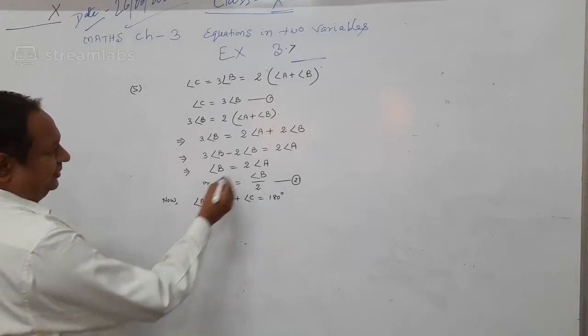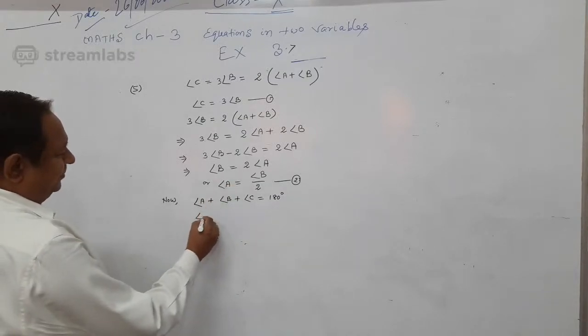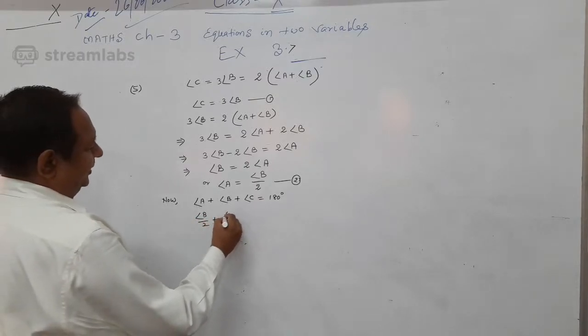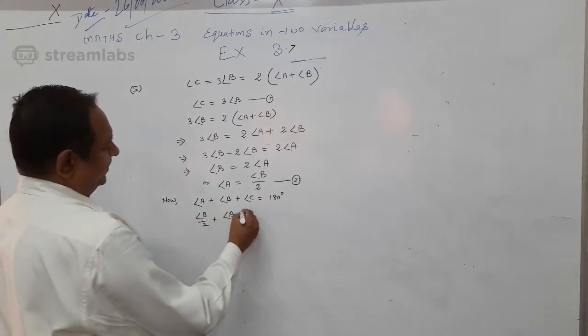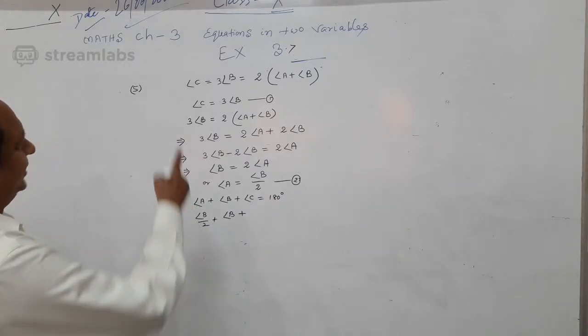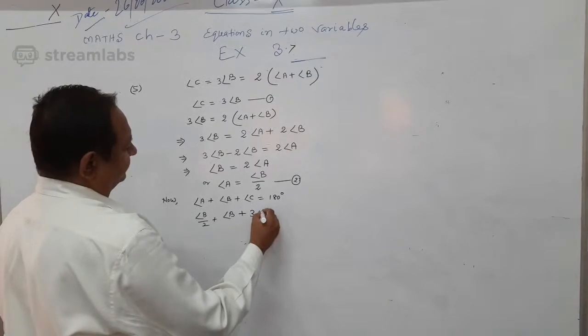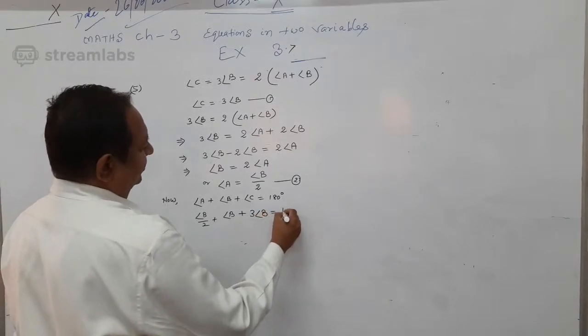In place of A, we can write angle B by 2 plus angle B. In place of C, we can write 3 angle B is equal to 180 degree.